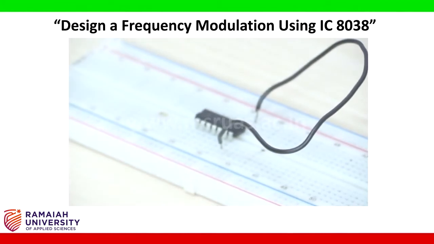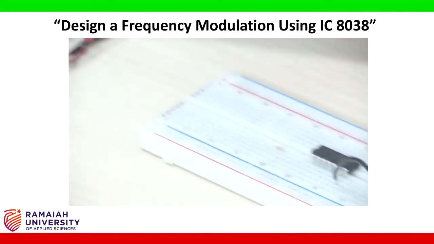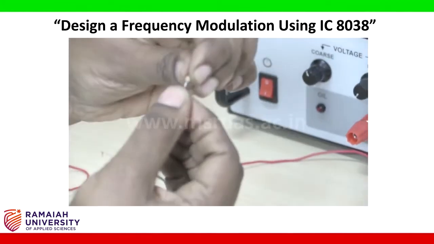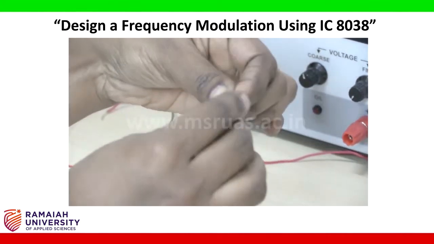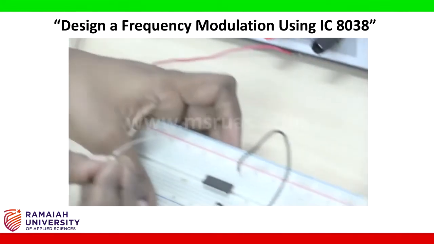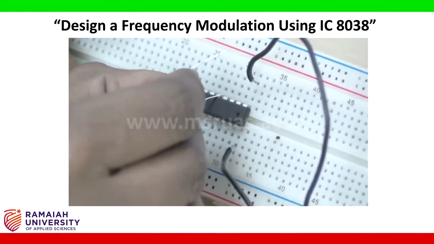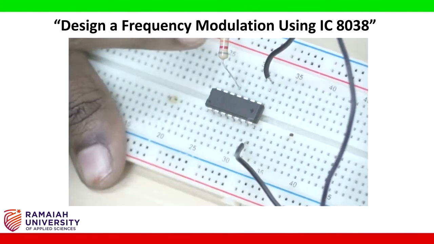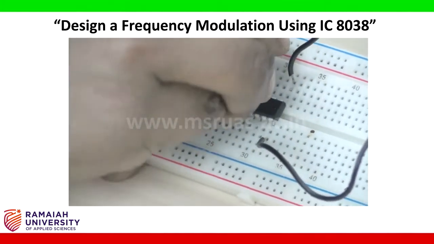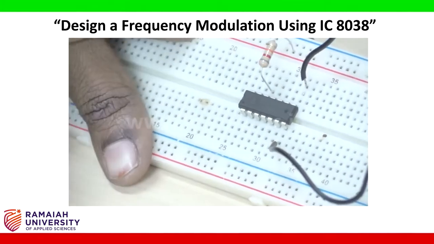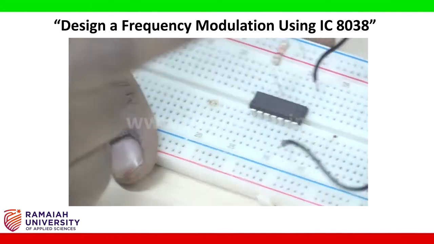Now take an 82 kilo ohm resistor and connect it from pin number 12 to the negative power supply. So we will use this line for our negative power supply.